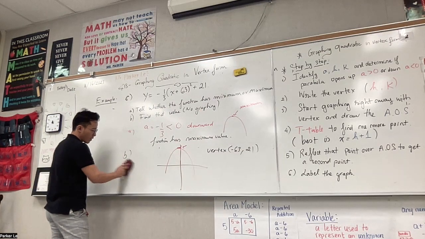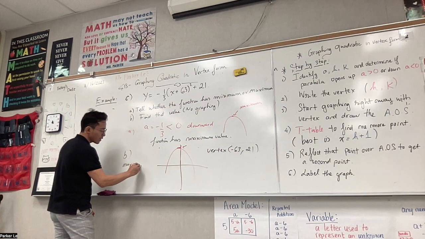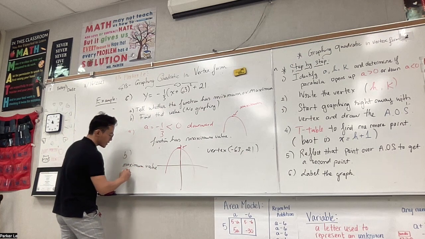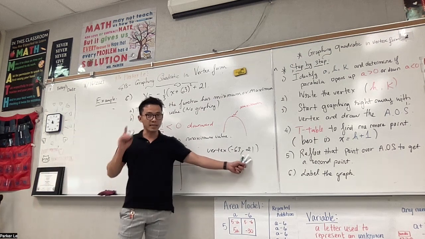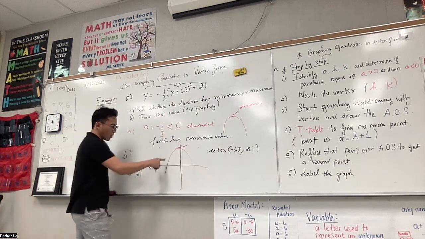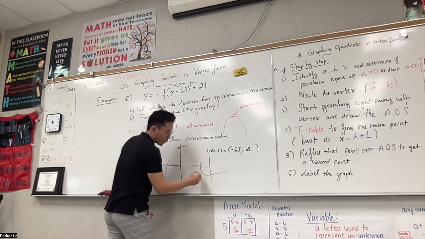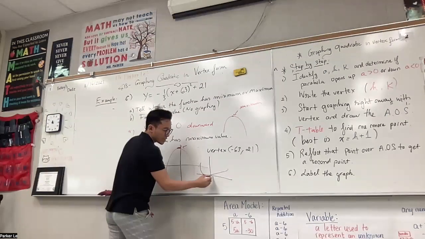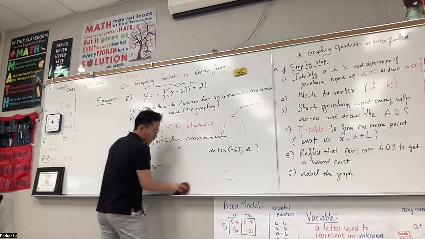So you can say the maximum value is 21. Yeah? That's how I know you understand it. Because when you look at the graph, the highest point or the lowest point is about the y value.